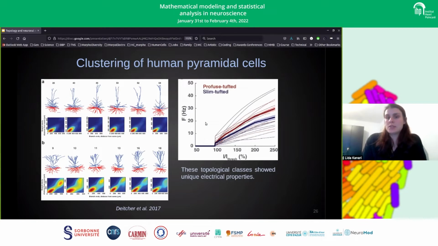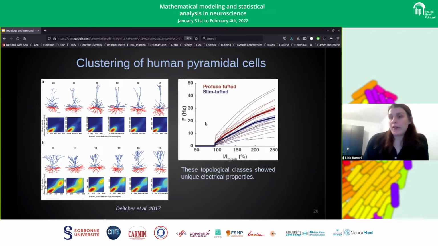What is interesting here is that once we did this analysis, we were lucky enough to have the electrical traces of the same data set, the electrical traces of each neuron that we've seen before. Once we did this separation based purely on their shapes, we saw that they exhibit unique electrical properties.